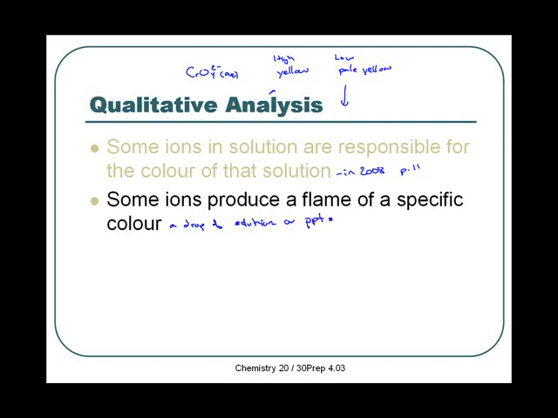So sometimes you need a chemical reaction, you get a solid in the bottom, and then hold it over a flame. In a chemistry lab, it would be a Bunsen burner, but you hold it over a flame, and that flame will burn with a particular color.